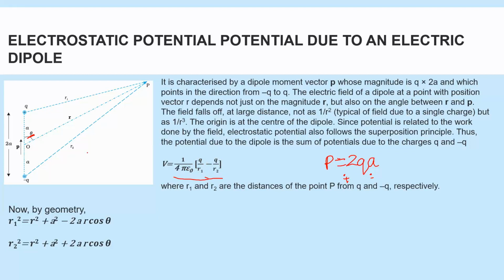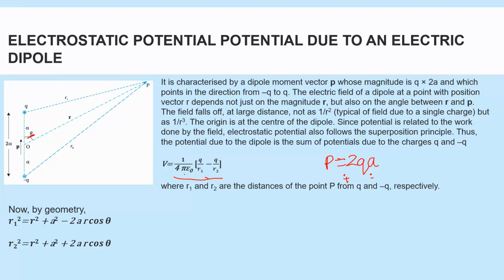So what are this R1 and R2? R1 is the distance between the positive charge Q and the point P, and R2 is the distance between the negative charge Q and the point P. So this is going to be your electrostatic potential consideration.